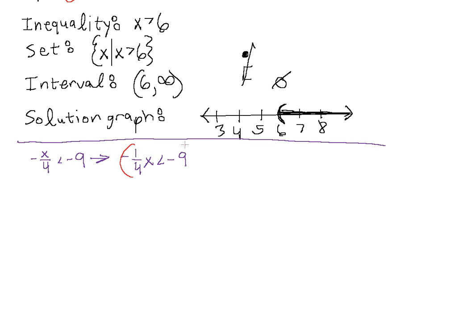Let's go ahead and multiply the entire inequality by the reciprocal of the coefficient of x, which is minus 4 over 1. This term cancels, which gives us x on the left-hand side, which is less than minus 4 times minus 9, which is a positive 36.